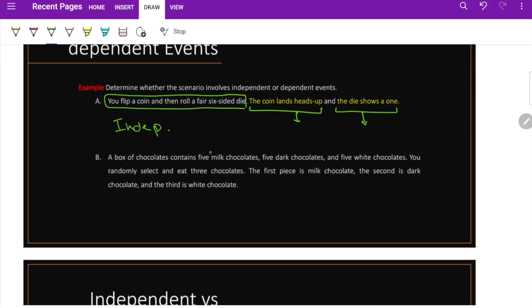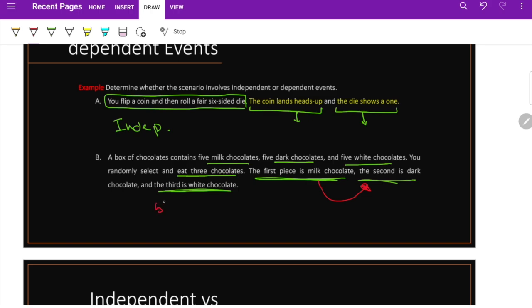A box of chocolate contains 5 milk chocolates, 5 dark chocolates, and 5 white chocolates. You randomly select and eat 3 chocolates. The first piece is milk, the second is dark, and the third is white. When you randomly select the first one and you got something, is it going to have any impact on the probability of having the second one or no?